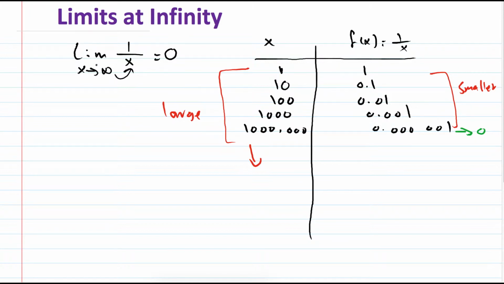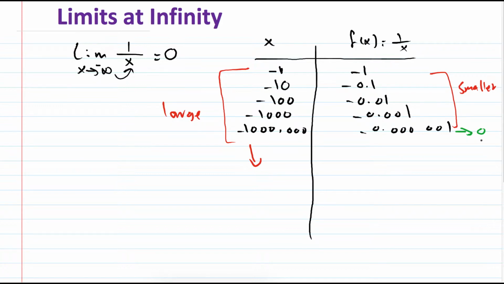What if I have negative infinity? What happens to the function, or what is the limit of the function? Well, if I just put a negative right here, what do you think will happen? The same thing happens. As my x values get smaller and smaller, my f of x gets closer and closer to 0. It starts with negative 1 and then negative 0.1 and then negative 0.01.